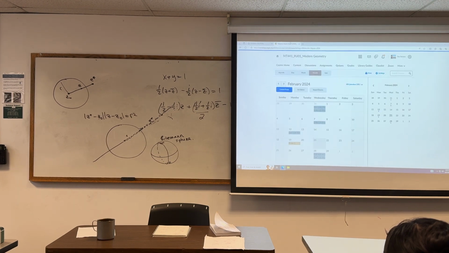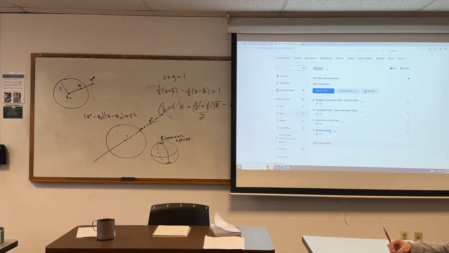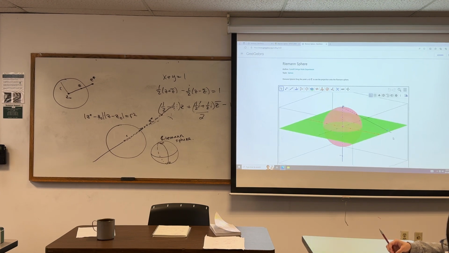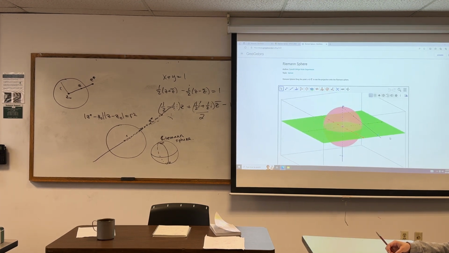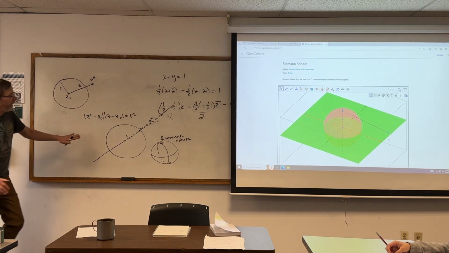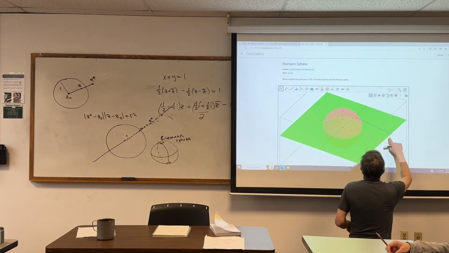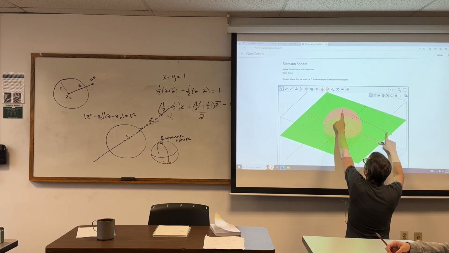I want to show you the other app that I would like you to play with this weekend as you do your reading. If you go to content, go to Riemann sphere. So this is what I've been talking about, and I might as well just talk about it a little bit more. The green thing is the complex plane. The red thing is the Riemann sphere. And so the way we think about the plane being wrapped into the sphere is that for every point Z in the plane, we draw a line between it and the North Pole.